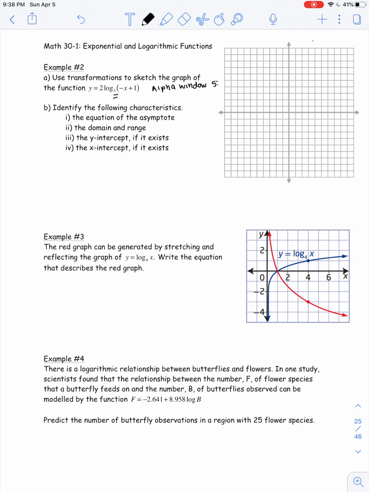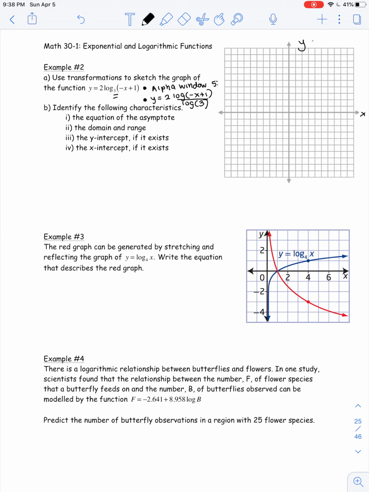If you have an older version calculator, the TI-83s, you're going to have to go y equals 2. You're going to have to do log of what's in the brackets divided by log of 3. So that's the older style calculator. So these are 2 different ways to actually do that, right? So whatever version you have, make sure you practice.